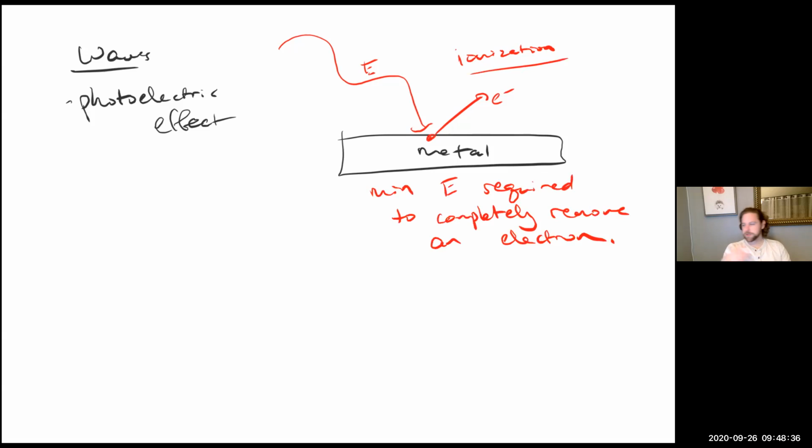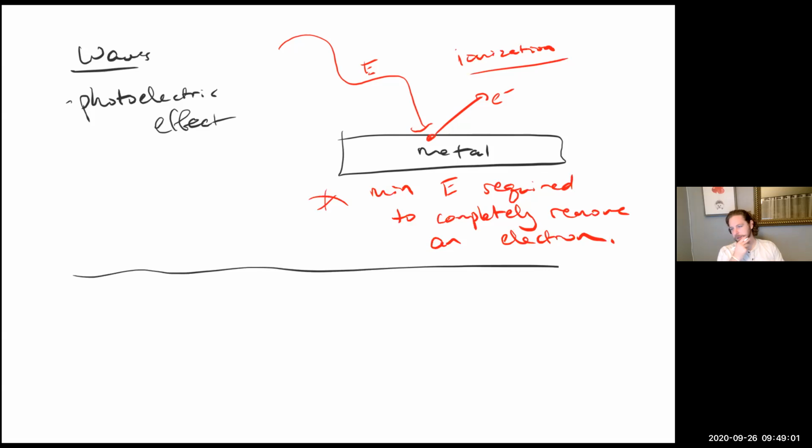And then, so just, this could be a multiple choice question where the photoelectric effect is being described, and the description of minimum energy required to completely remove an electron is an answer choice, or you need to understand that concept to answer it.